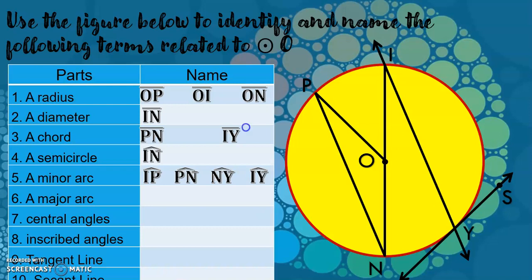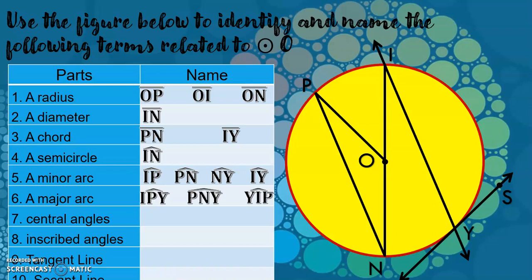So for the major arc, let us use 3 points. So that is arc IPY, arc PNY is also an example of major arc. YIP is another major arc.